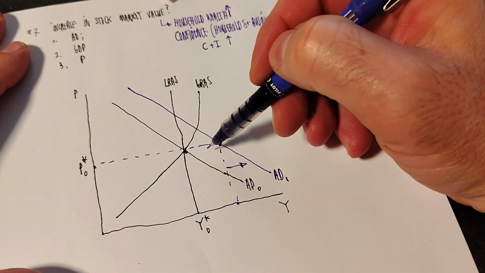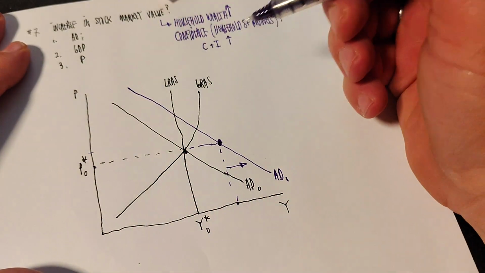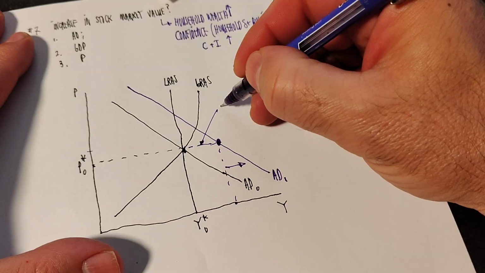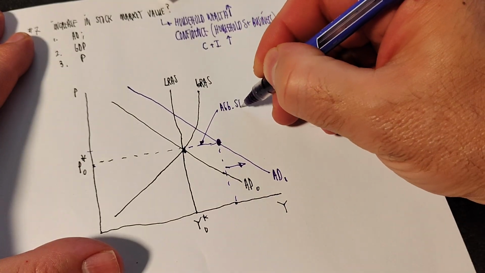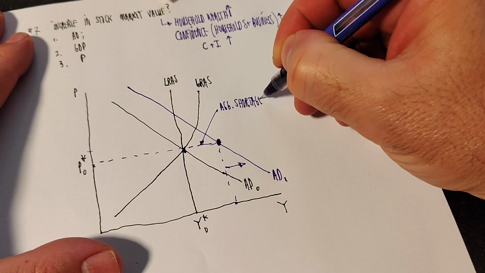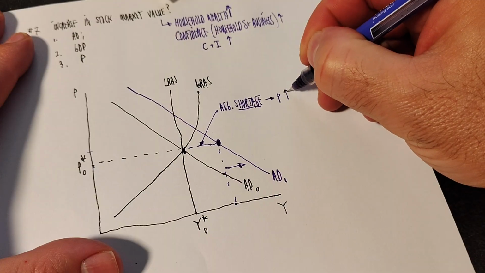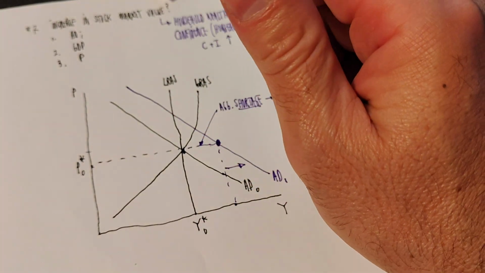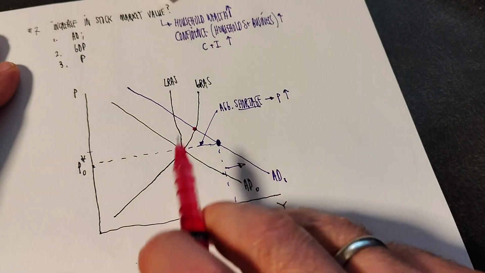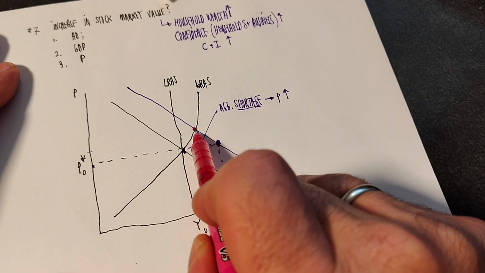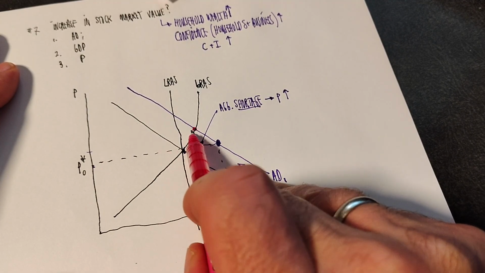That's going to push the price level up, because we have an aggregate shortage, and that's going to result in P rising, until we reach this point here, where we are now higher up on the short run aggregate supply curve and off of the long run equilibrium.